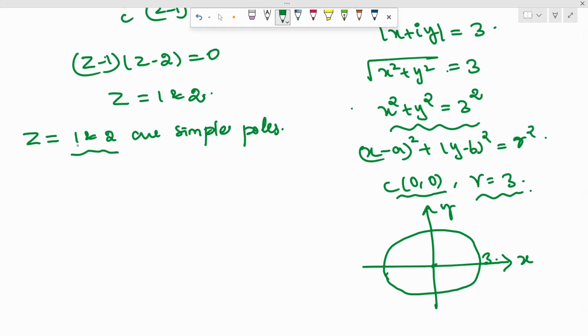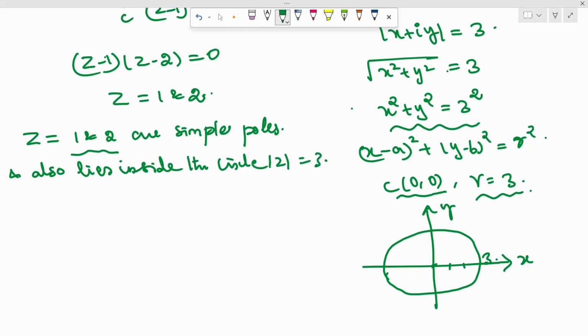Both poles lie inside the given circle, because 1 and 2 both fall within radius 3. So z = 1 and 2 are simple poles and also lie inside the circle |z| = 3.